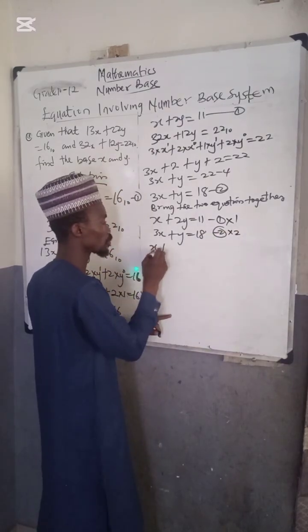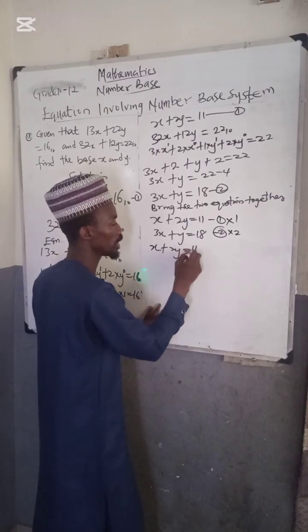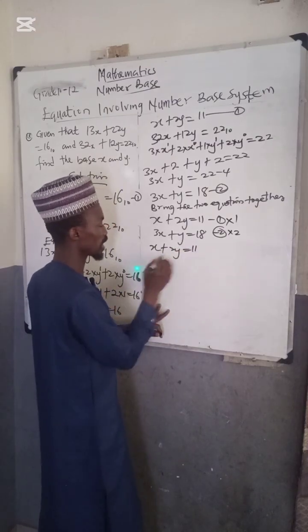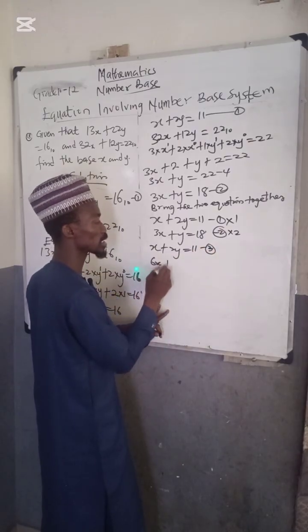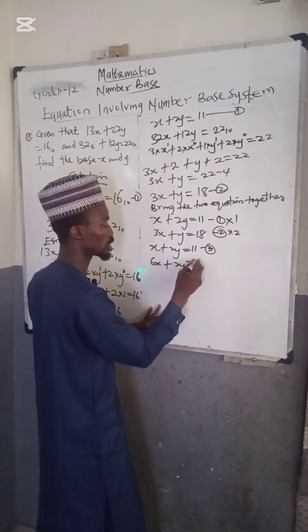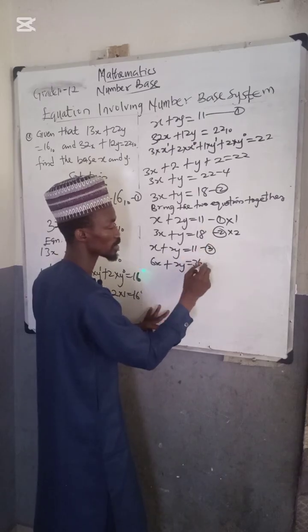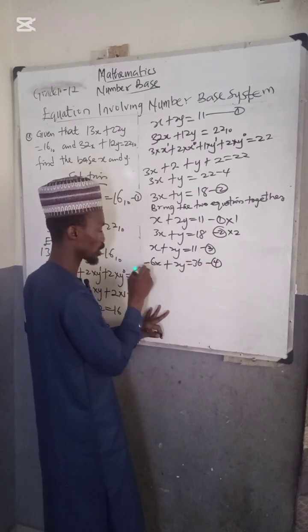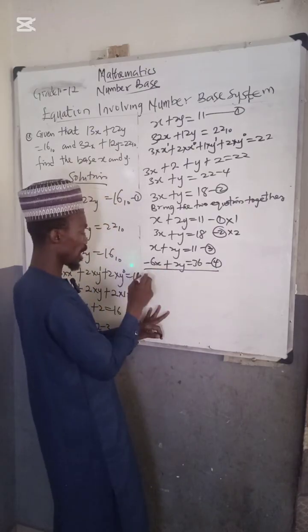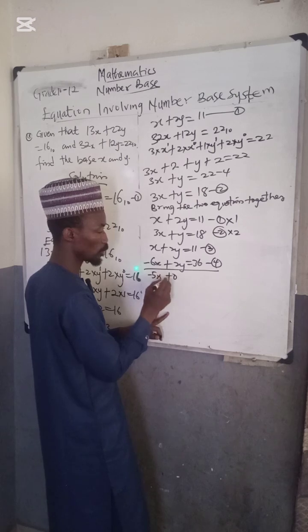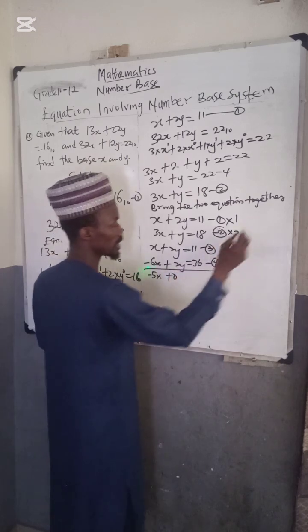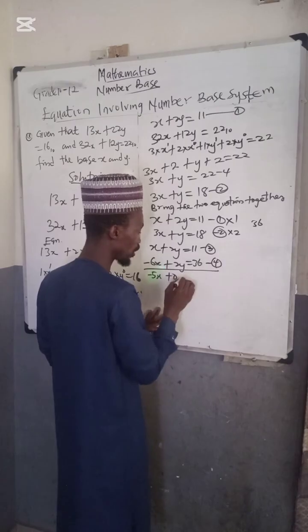So x plus 2y equals 11, and 2 times 3x is 6x, plus 2y equals 36. This becomes equation 4. Subtracting to eliminate y, we have minus 5x, and 11 minus 36.